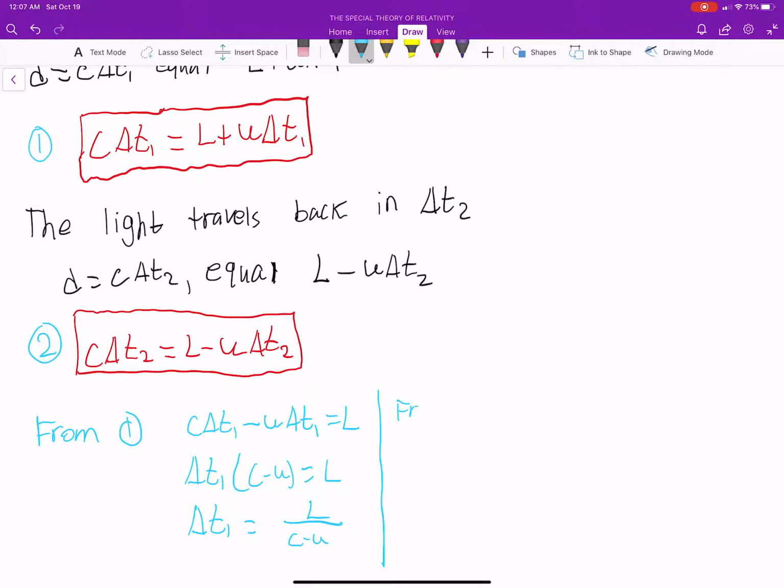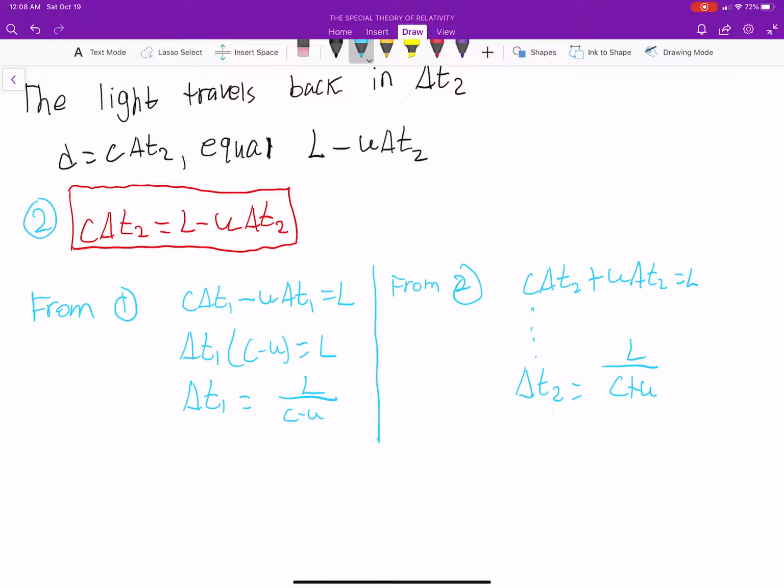And then from 2, c delta T2 plus u delta T2 equals our length. And then I'm sure you can kind of see what we're going to get. L over c plus u.